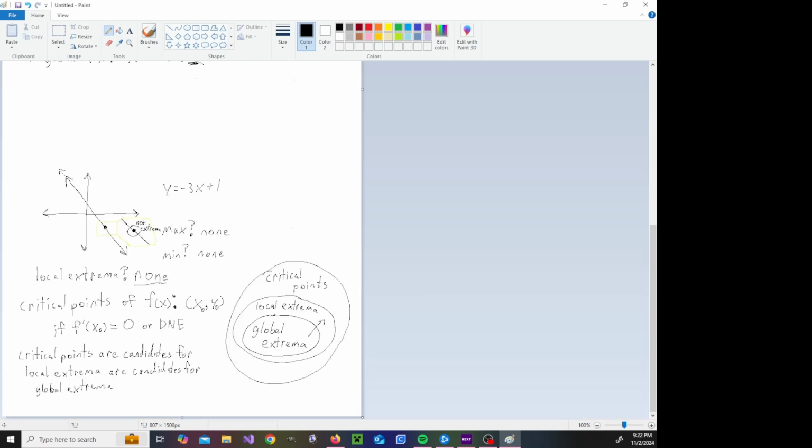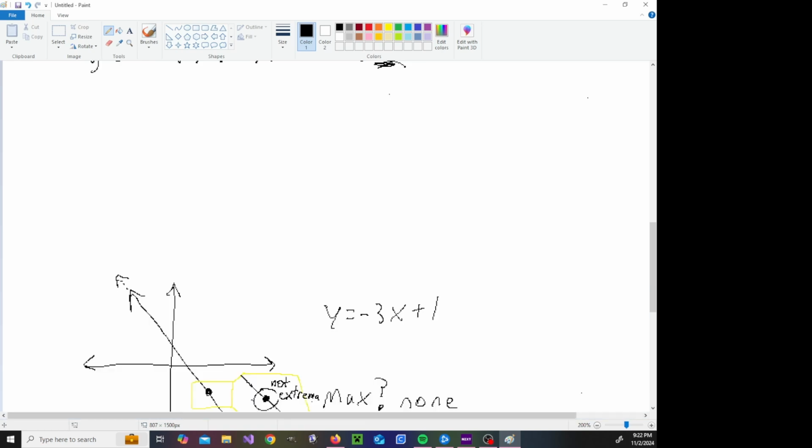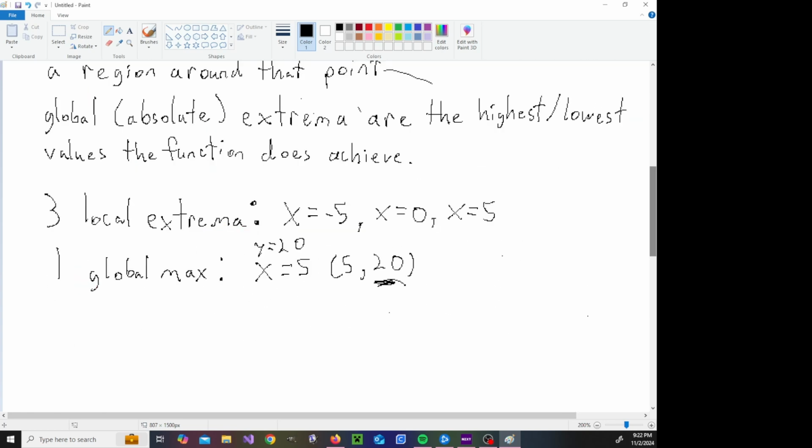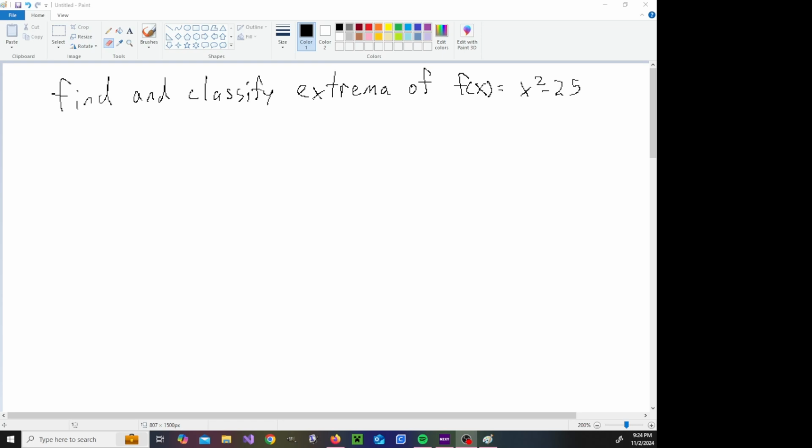So the next thing to do is look at some practical examples that look like the problems that we would want to work out here. So let's take this example. Find and classify extrema of f of x equals x squared minus 25. Well, first of all, in order to answer that question, we want to find critical points, because these are our candidates for local and then global extrema.